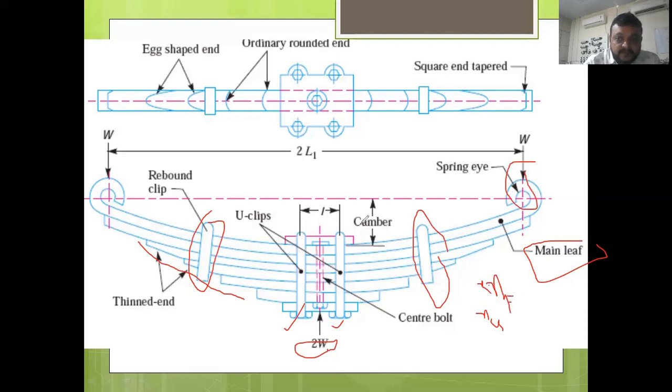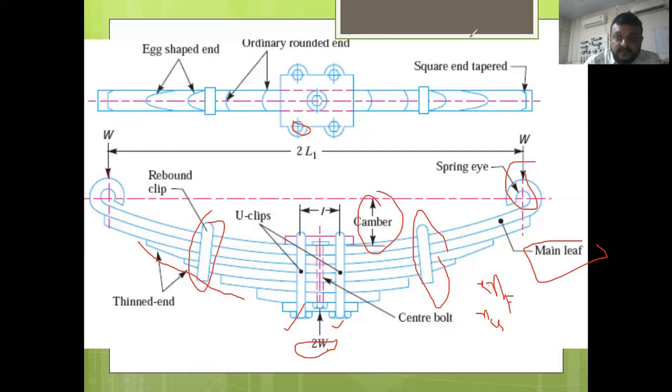Okay, and this is called the camber. Camber is the distance from the central loading axis to the curvature of the master leaf, and this is the top view, how bolts are arranged and how leaves are to be attached.